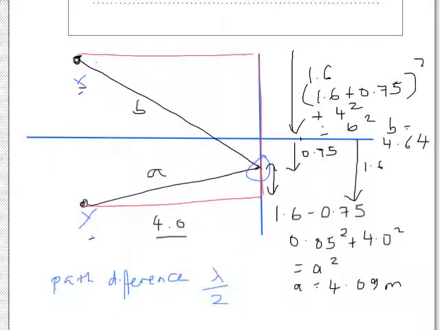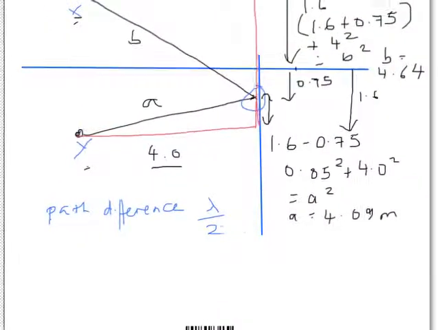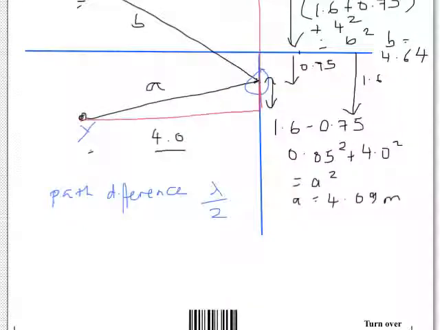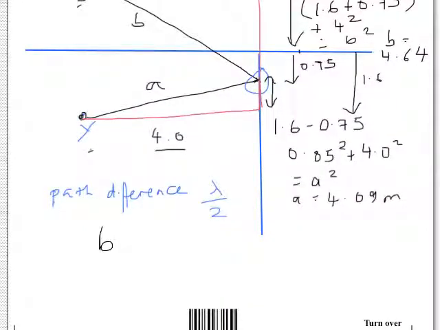Now, length of B minus the length of A will give us our path difference. So the length of B, 4.64, minus 4.09 gives us approximately 0.55 meters.